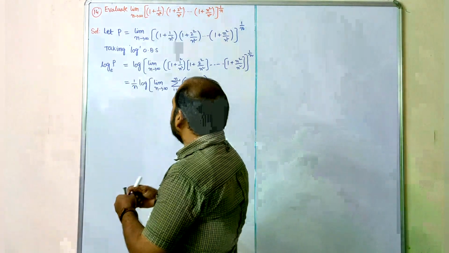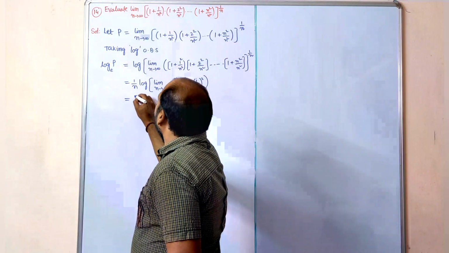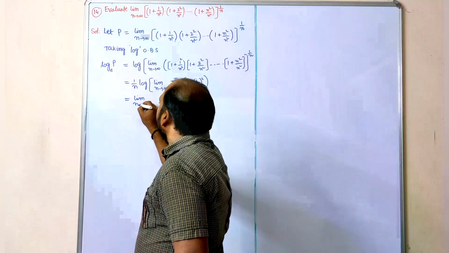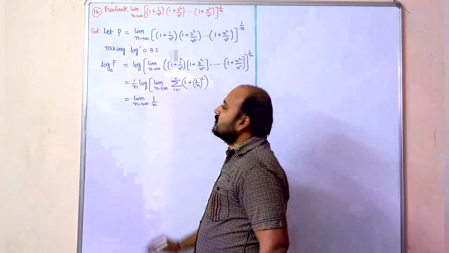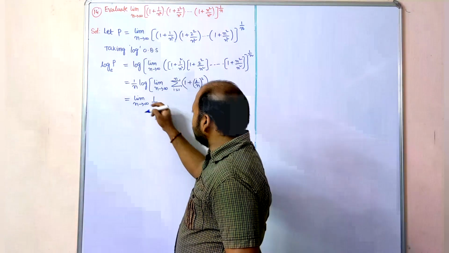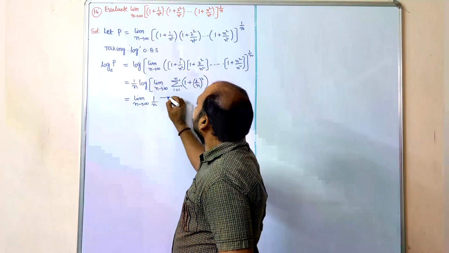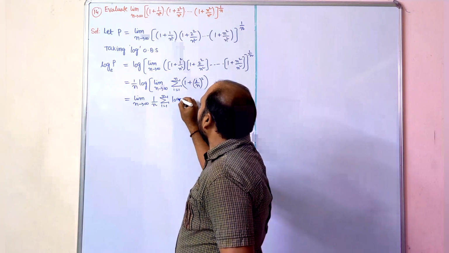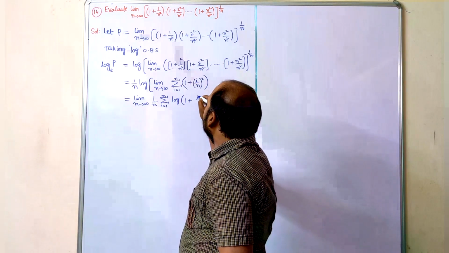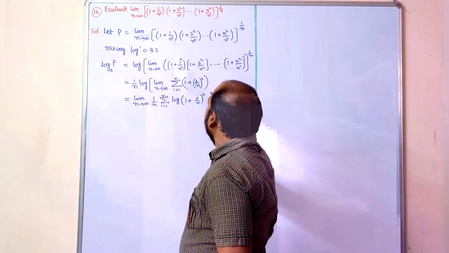So we can take it as limit n tends to infinity 1 by n, this sigma also, i is equal to 1 to n, log of 1 plus (i by n) whole square.